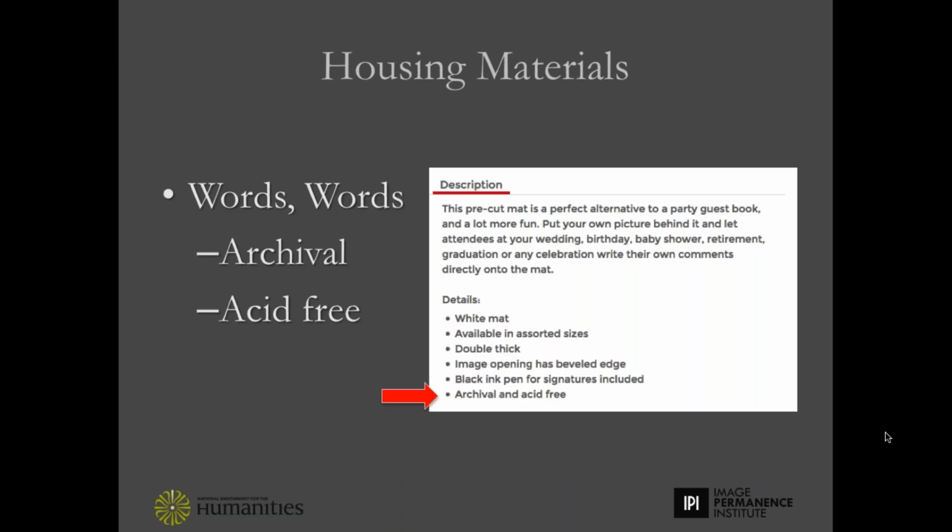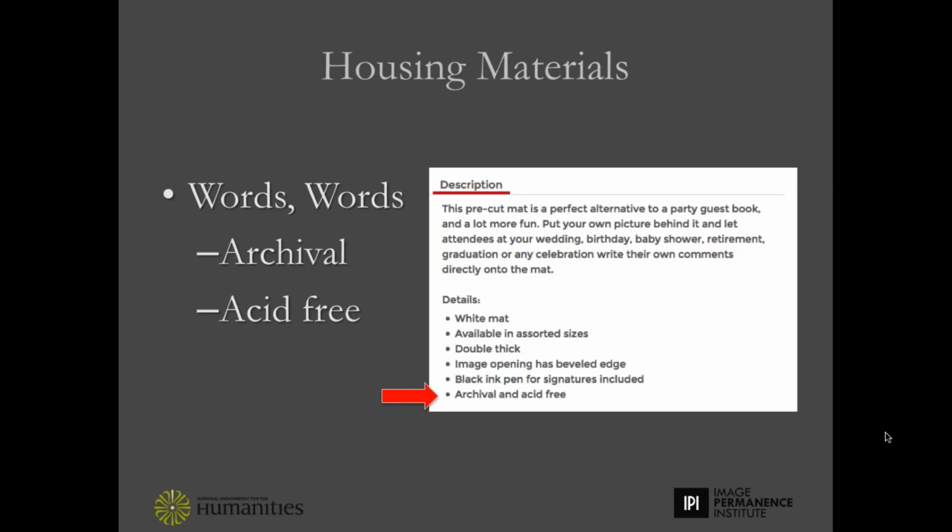Okay, so let's talk about housing materials, because this is another important part of preservation. Environmental pollutants can come from the air, the object itself, or poor quality housings. So you have control over the pollutants that come from the housing material. When it comes to choosing housing materials, make sure you look at the specs for the material.